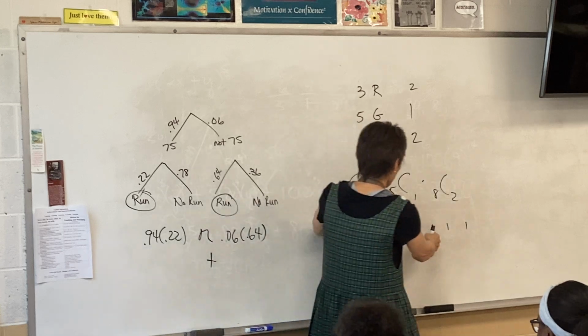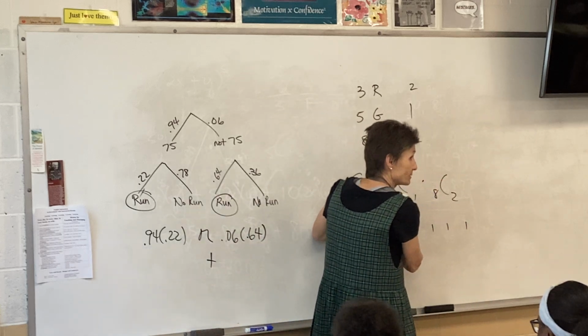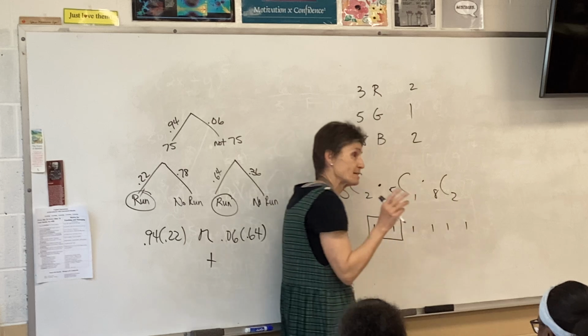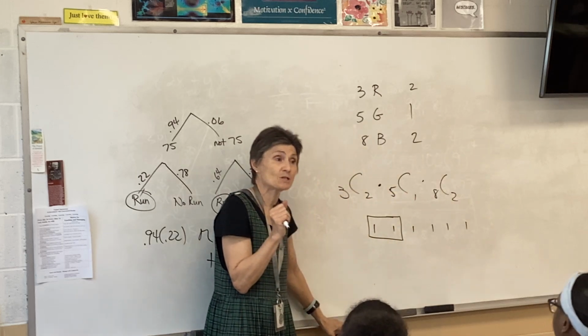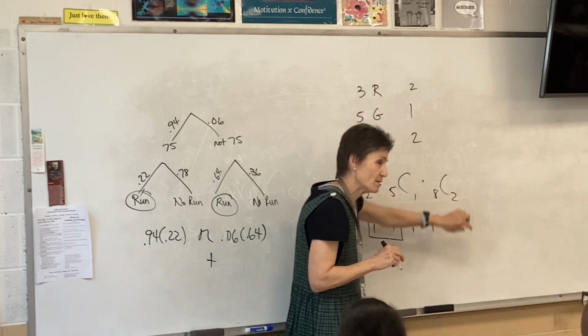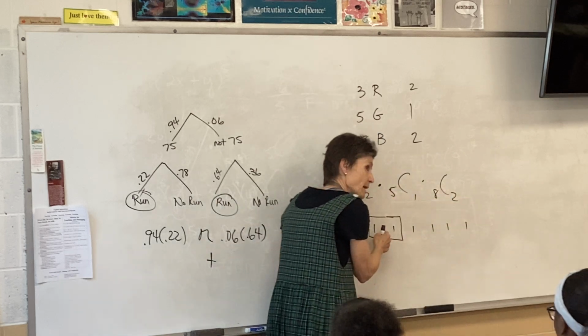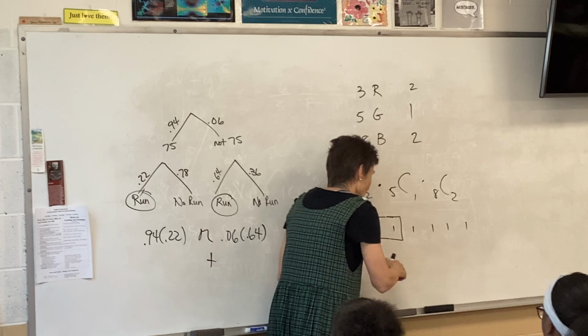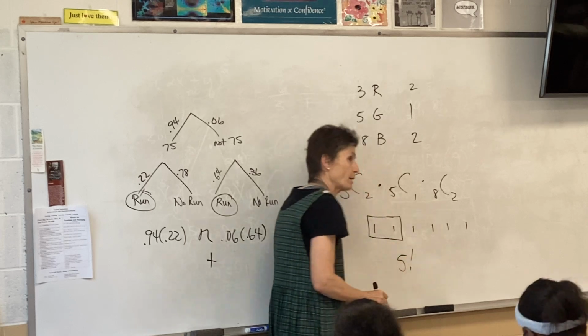Now these guys are all still sitting wherever they want. So instead of arranging 6 things, now I am arranging, how many? Now I'm arranging 5. I didn't get arranged, they're just together. So it's 5 factorial.